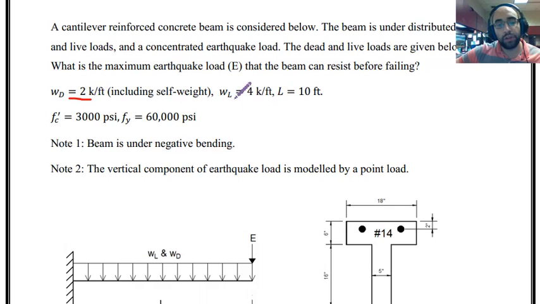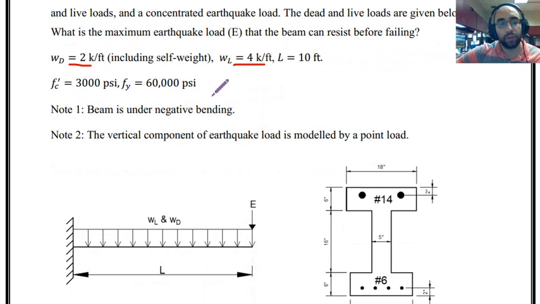Dead load and live load are given, and you can see the properties of material are also given, f'c and fy. Length of the beam is also mentioned over here. And what I need to do is to find the maximum earthquake load that can be applied to this beam.